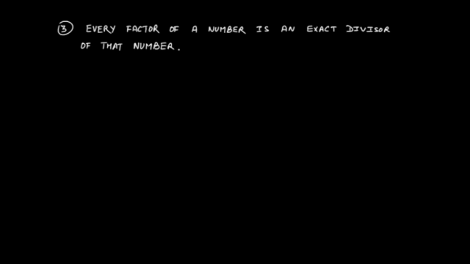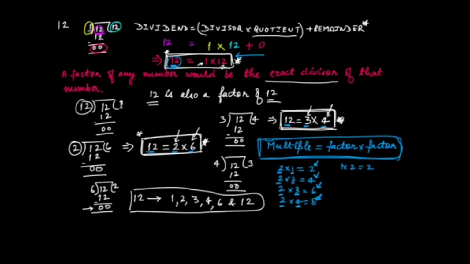The third point is that every factor of a number is an exact divisor of that number. If you remember, we discussed that a factor of any number would be the exact divisor of that number.